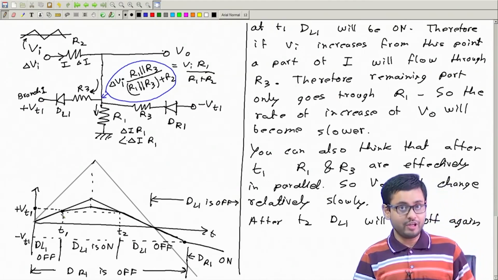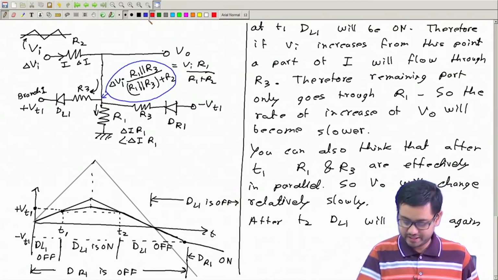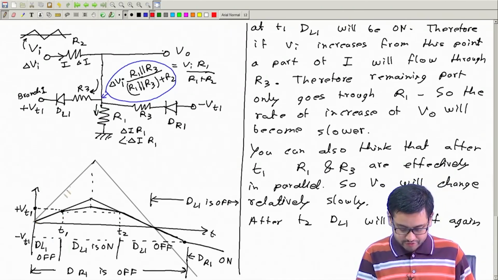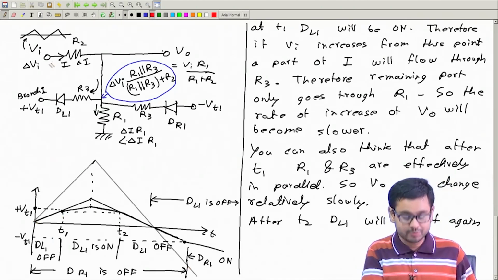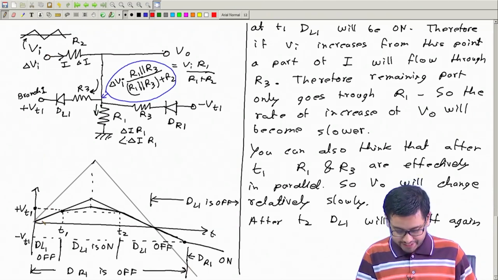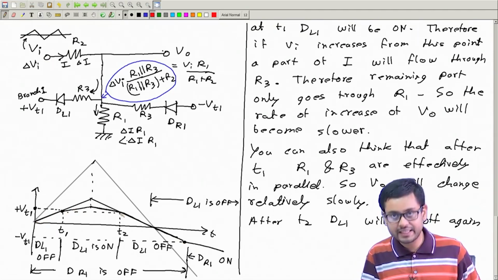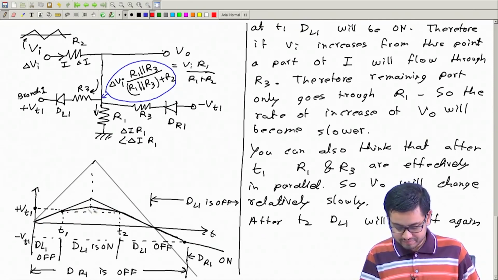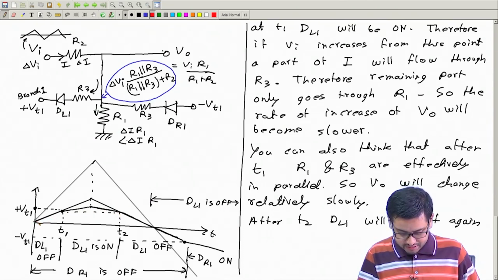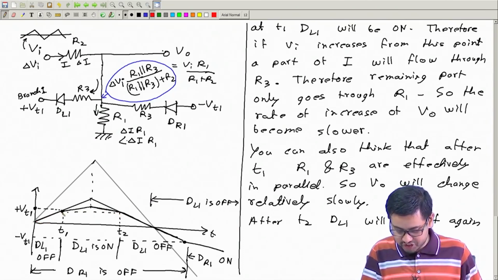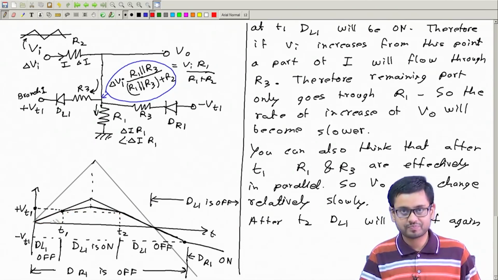So effectively, let me tell you, we have given a triangular wave as an input to this circuit, and the output is this, which is not triangular, but is like a piecewise linear function, and somewhat closer to a sine wave.